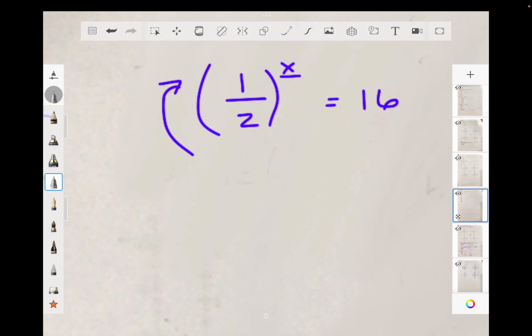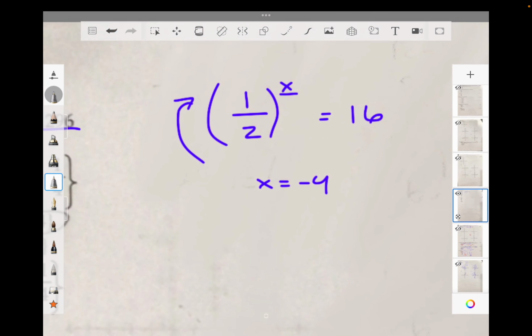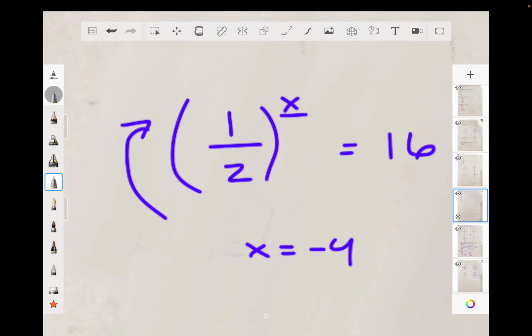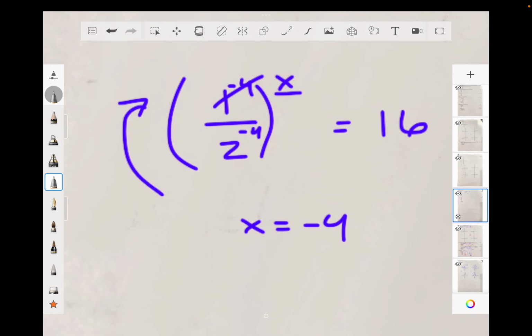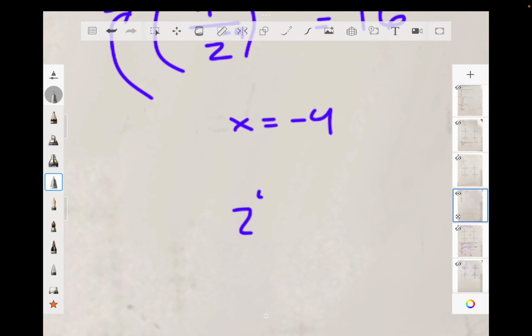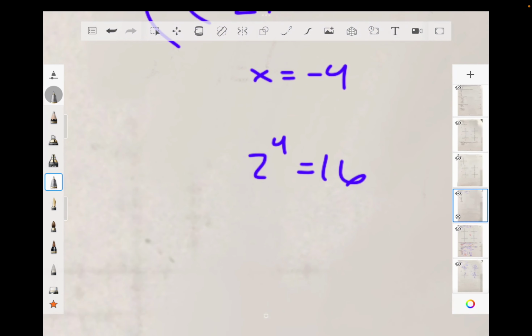So if this x becomes -4, then 1 over 2 to the -4 is just going to be the opposite. So it's just going to be 2 to the 4 equals 16, which is true.